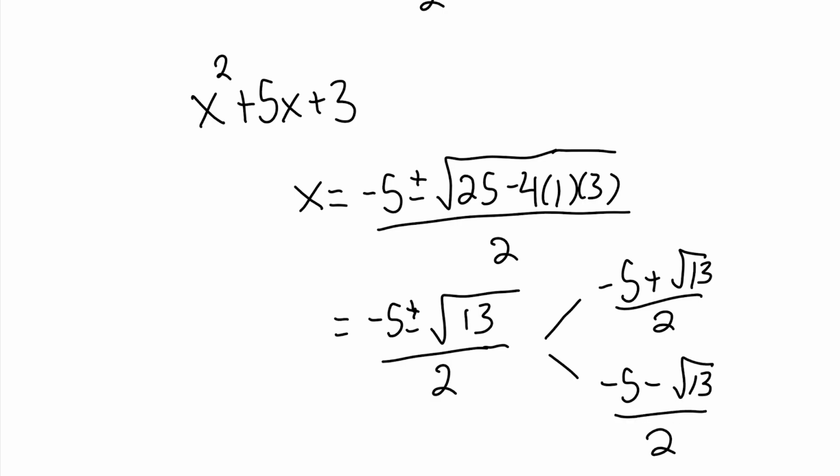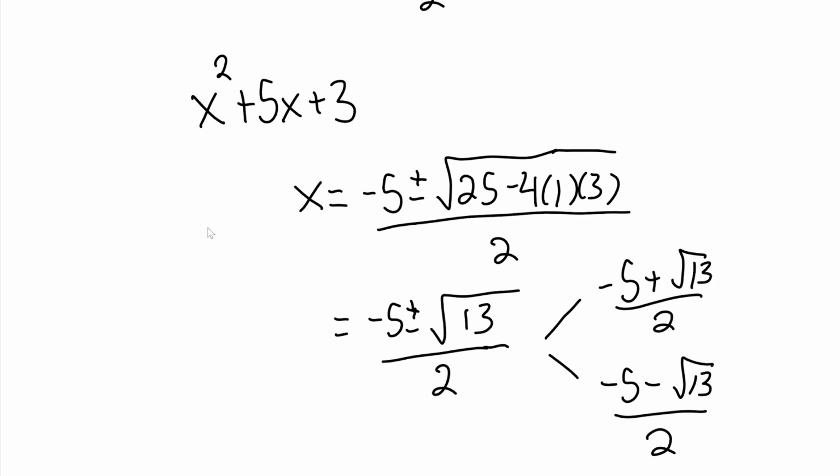If you needed the zeros, you could throw these in a calculator and get a decimal approximation, and that's really the best you can do. There's no way to get a better exact answer here. So the quadratic formula is really useful.